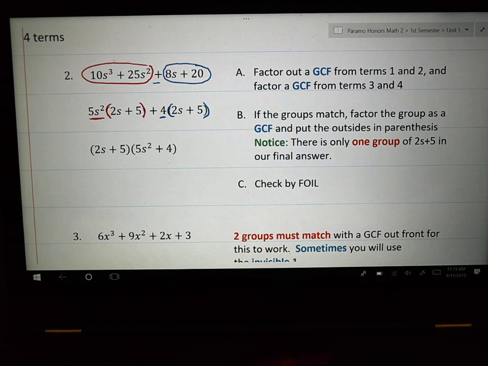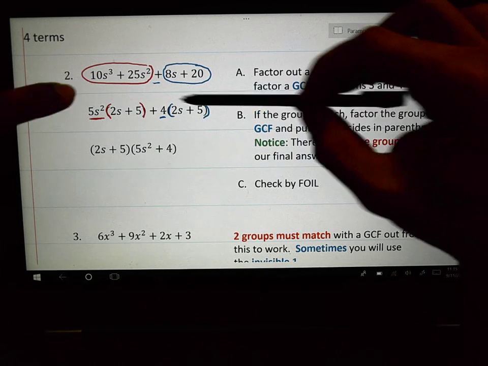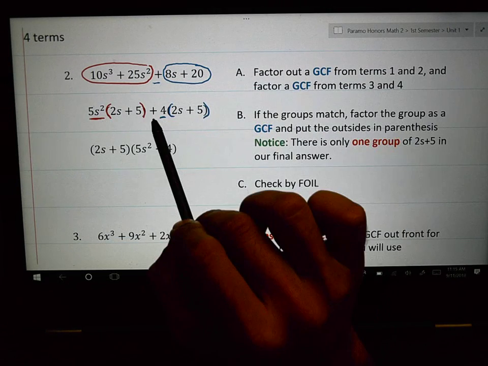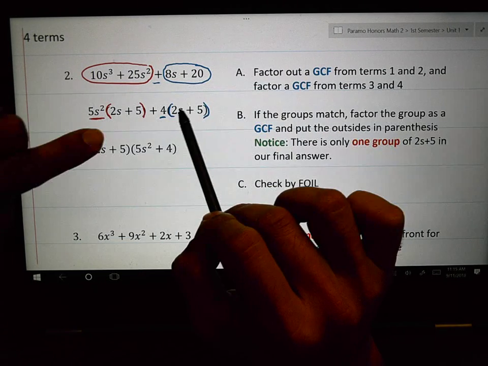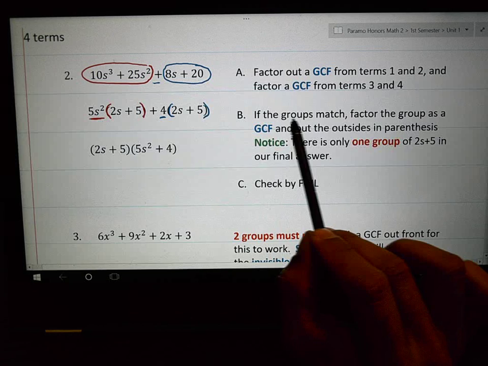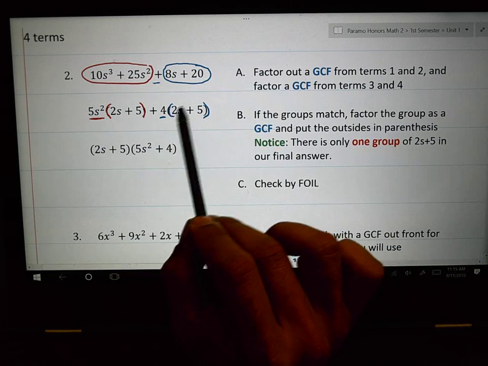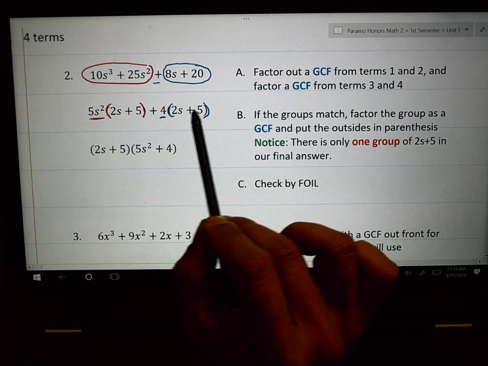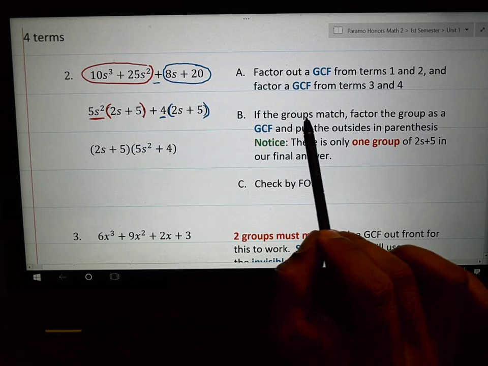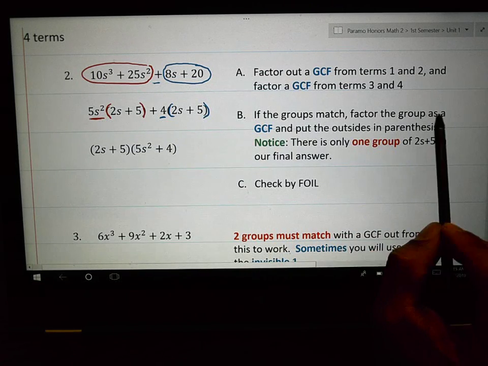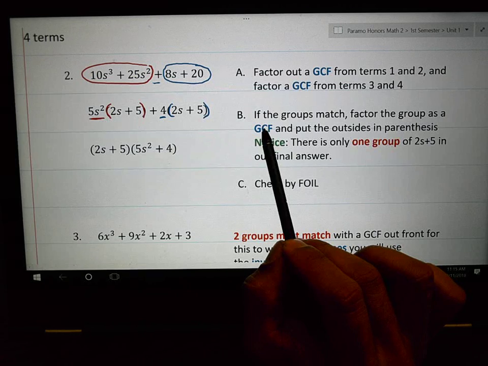So far, so good. Now here's where the magic happens. This is still addition. Okay? If the groups match, 2s plus 5 and the 2s plus 5, are these 2 groups the same? If they are the same, you can factor that group out as a GCF.